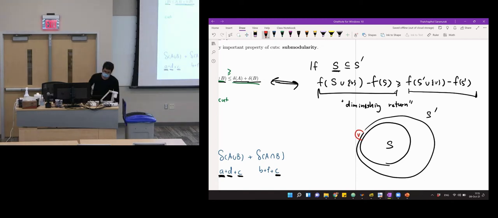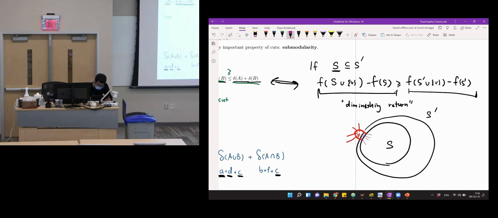Right. So how much the cut size increases from S: it increased by this much, but it also decreased by this much.